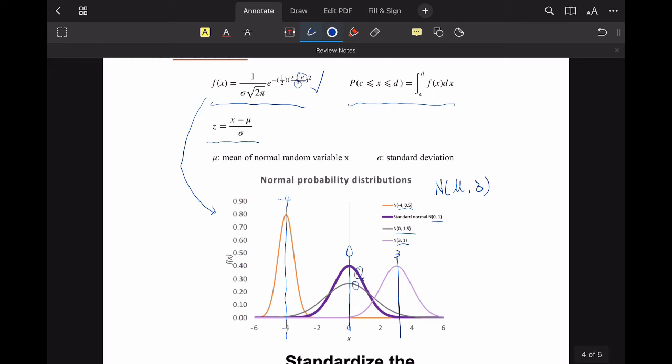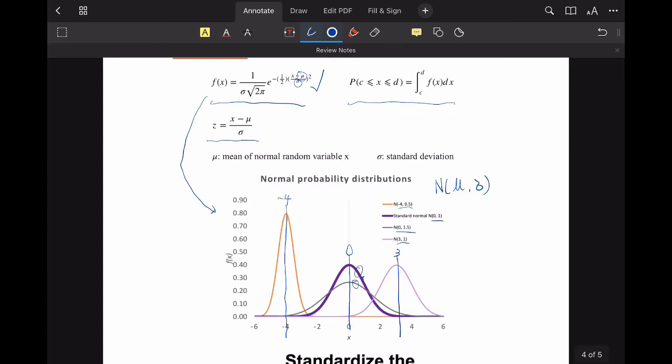The gray one has greater standard deviation than the purple one, which makes it wider, and essentially lower, right? Shorter than the purple one, wider and shorter. Right, so this is about the graph.